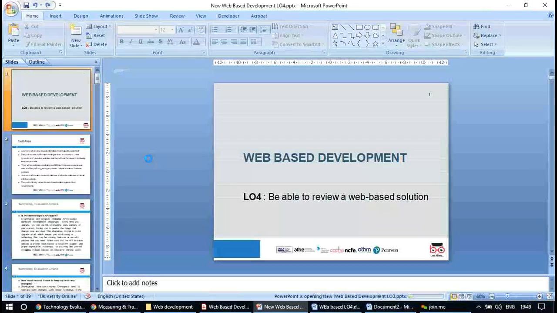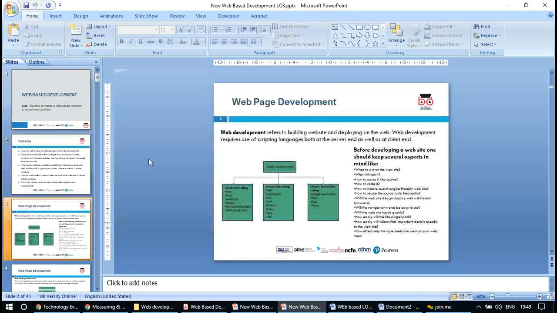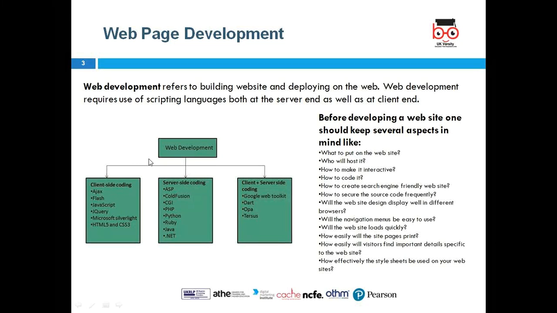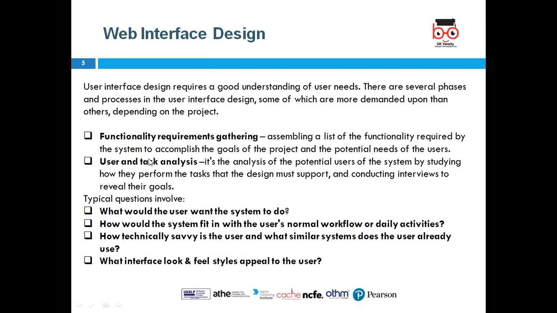Let me recap, you have the choices. For selecting the technology, you need to know what is the purpose of your website, what do you want to put in, how do you want to host. If you remember, that was a phase of the development, isn't it?